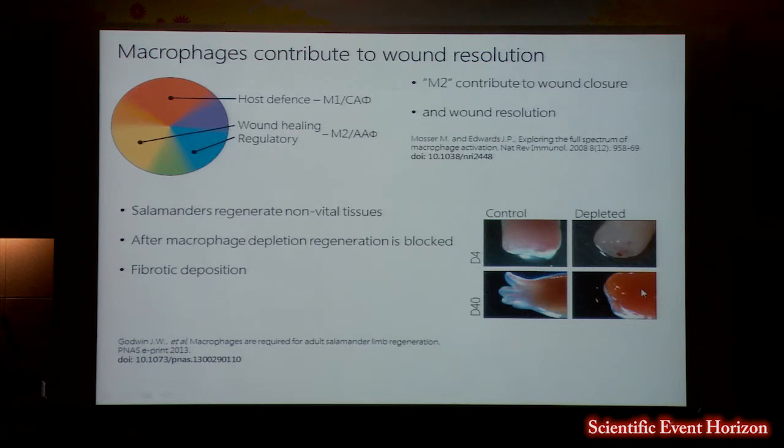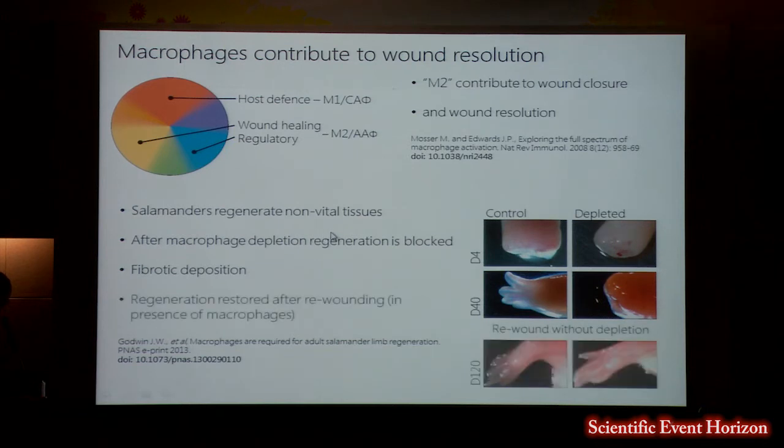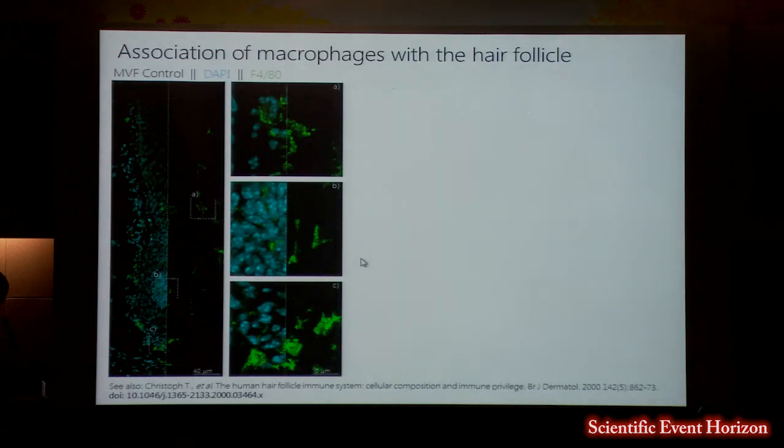But in the macrophage depleted salamander, there was no regeneration, and in fact there was fibrotic deposition in the wound site. And they took it a step further. They allowed the macrophage count to regenerate, and then re-wounded on the same site. And in both instances, the limb regenerated completely. So it really nicely showed the importance of macrophages in wound healing.